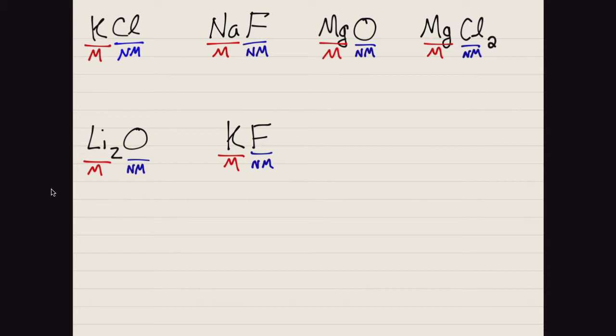Sodium fluoride, sodium was named first. Magnesium oxide, magnesium was named first, right here. Magnesium chloride, again, named the magnesium first. Lithium oxide, named the lithium first. Potassium fluoride, named the potassium first. So even when they're named, we write the metal first.